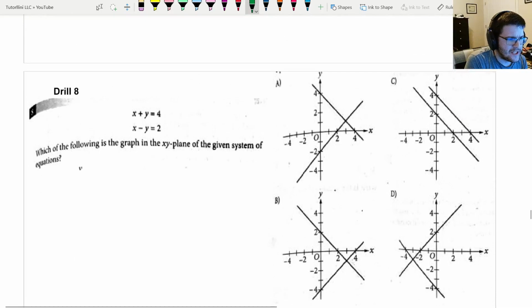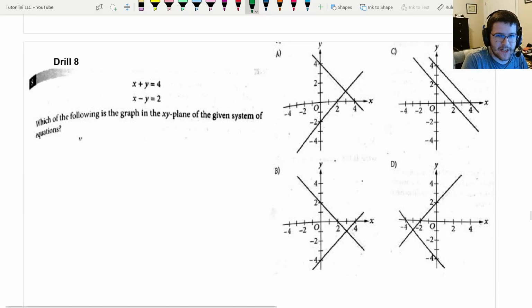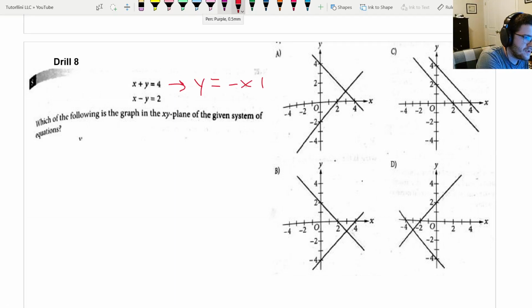Okay, Desmos kind of makes this one trivial. I guess you can just graph all of them. How about I put them in slope-intercept form? I'm going to subtract x from both sides, and I get y equals negative x plus 4. And for this one, how about add y to both sides, and then subtract 2 from both sides.